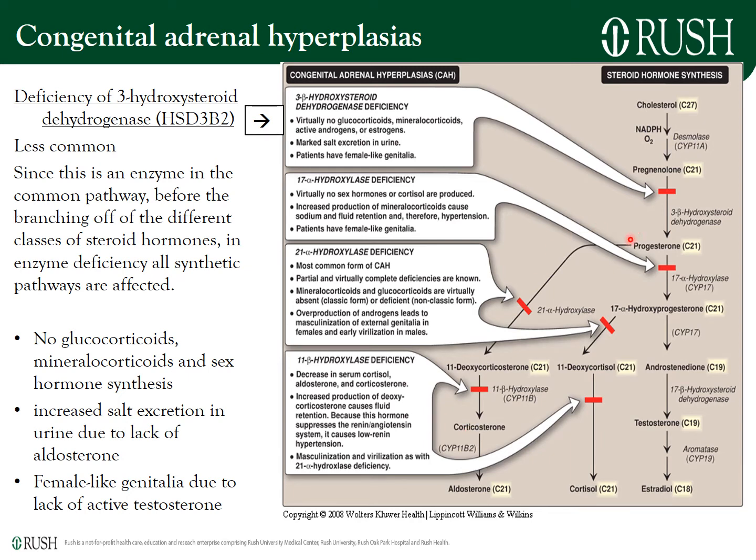So there will be a lack of mineralocorticoids, there will be a lack of cortisol or glucocorticoids, and there will be a lack of sex hormones, testosterone, estradiol. Increased salt excretion due to the lack of aldosterone, and female-like genitalia development due to lack of testosterone are hallmarks of this enzyme deficiency.